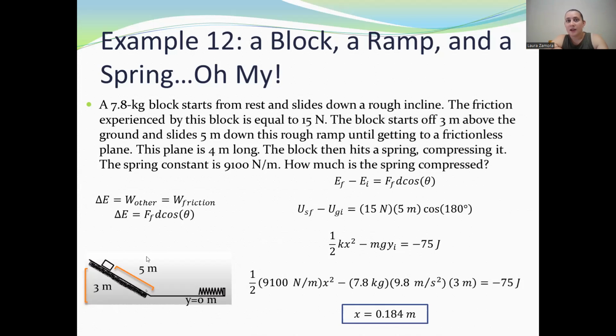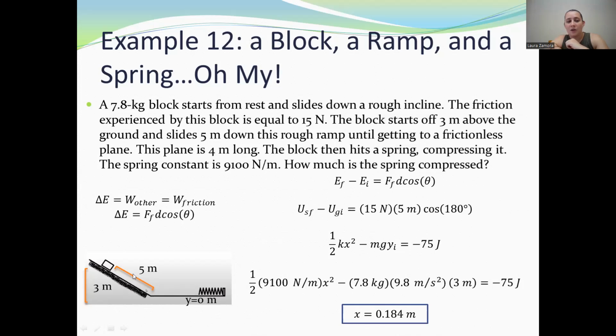That is a good point. That, I guess, is an assumption that I made if we want to know how much the spring gets compressed from this amount of energy that it has at the beginning. So from the gravitational potential energy itself at the beginning, how much can that compress the spring?